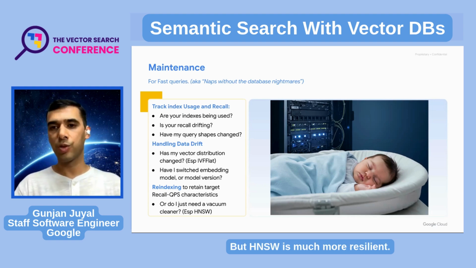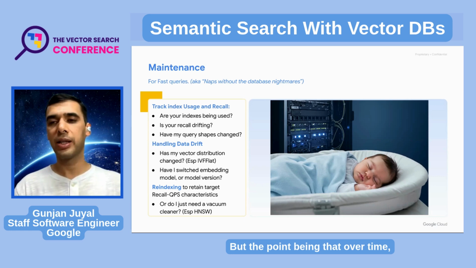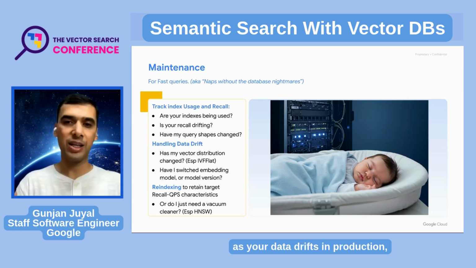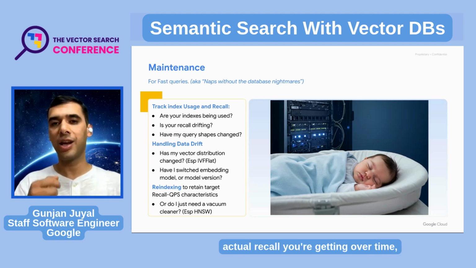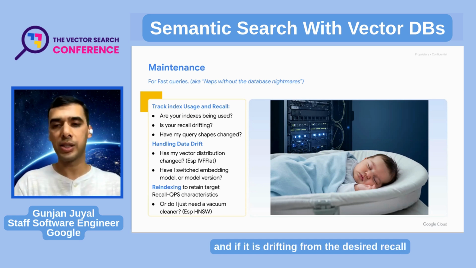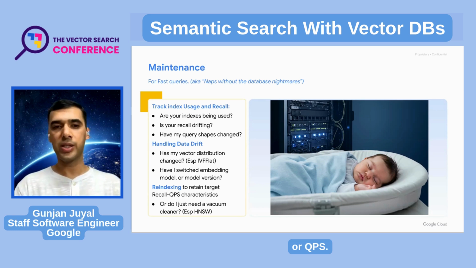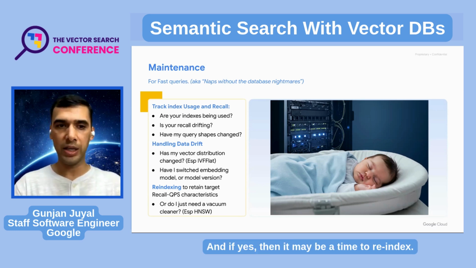But HNSW is much more resilient. The point being that over time, as your data drifts in production, you should be checking the actual recall you're getting, and whether it is drifting from the desired recall or QPS. And if yes, then it may be time to re-index.